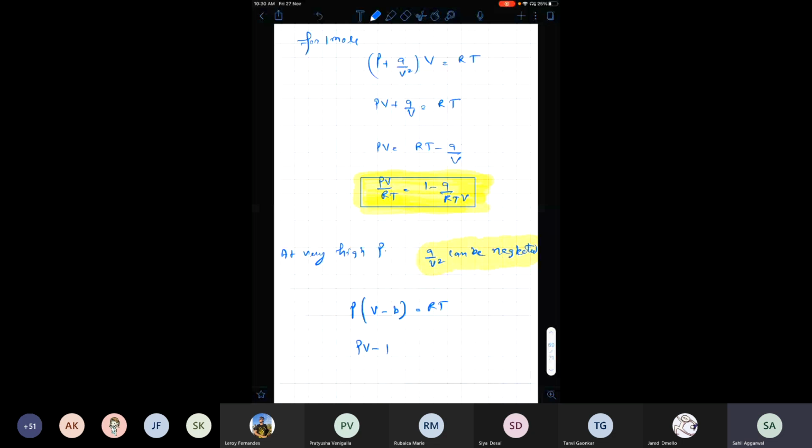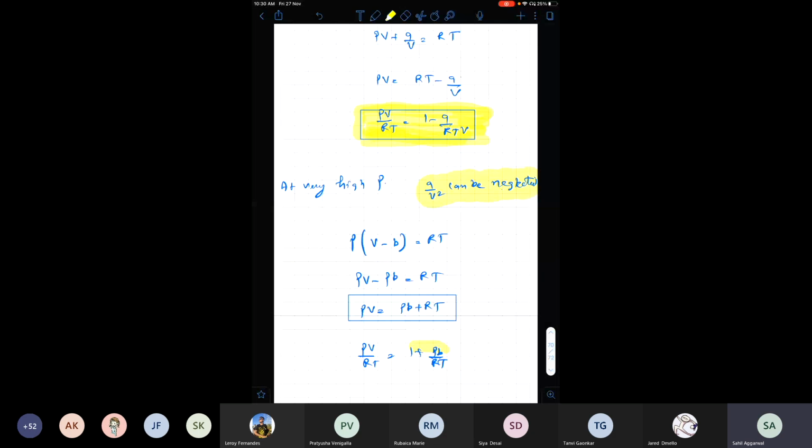PV minus Pb equals RT. PV equals RT plus Pb, and PV by RT is equal to 1 plus Pb by RT. And you know very well that going ahead PV by RT becomes Z. Hence we are interested in PV by RT.